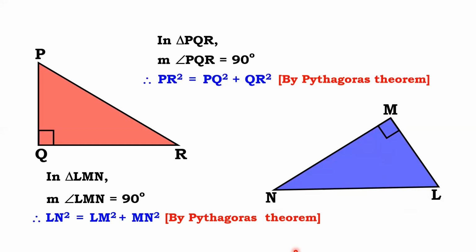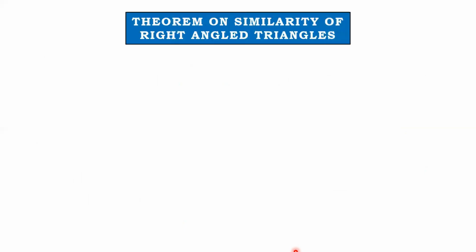So now we'll understand it further. As we have said, we will be learning the theorem of Pythagoras, but before learning it, we should know the basics. And the basics are the theorem on similarity of right angle triangles. Students, that's why it's very important to know that the theorem of Pythagoras is the second chapter and the first chapter is similarity, because this theorem is based on the concept of similarity.